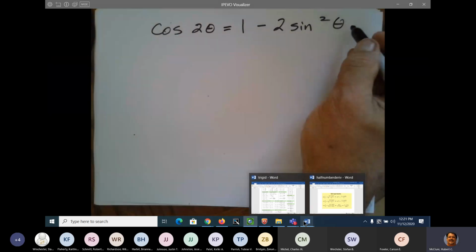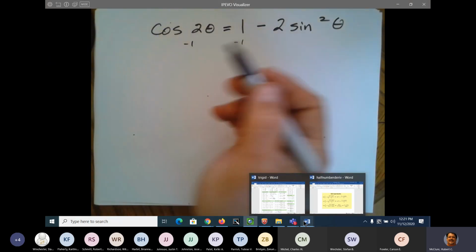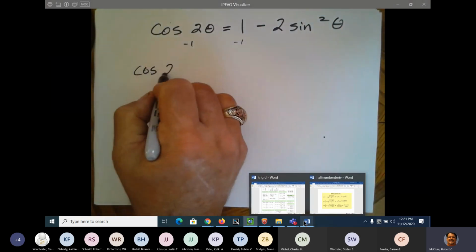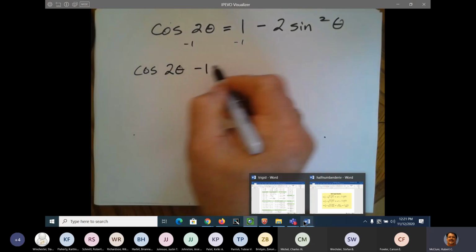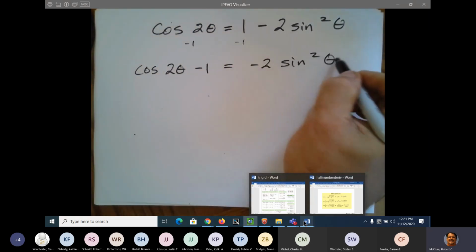Well, I got a minus 1, minus 1. So cosine of 2 theta minus 1 is equal to negative 2 sine squared of theta.